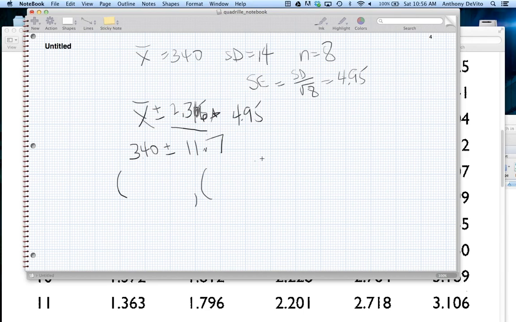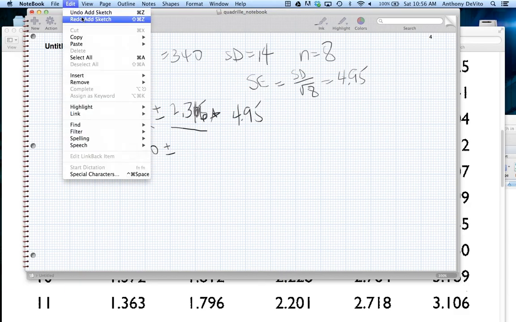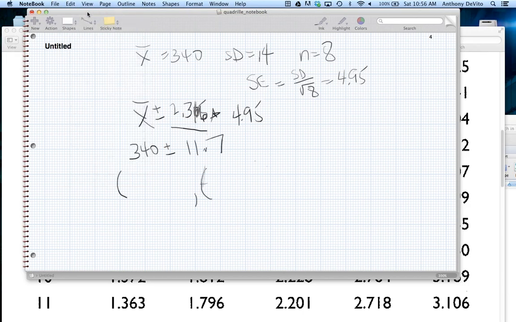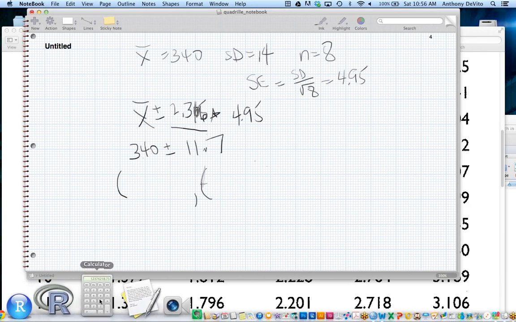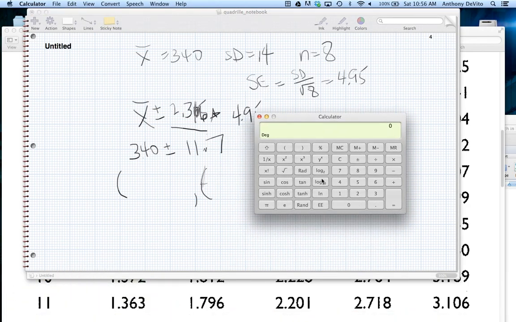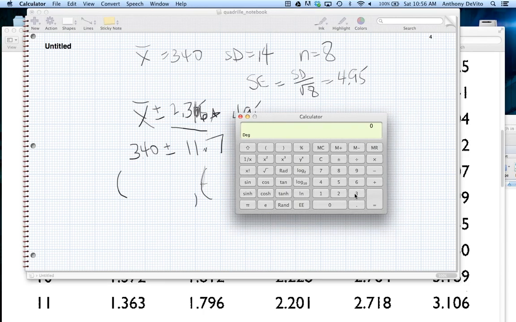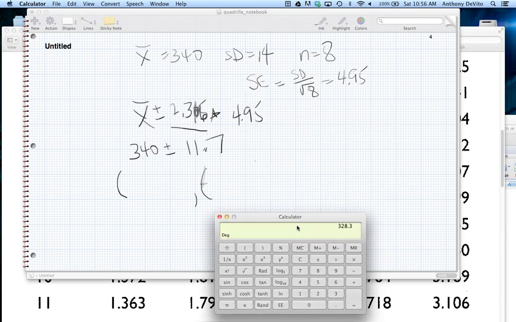So at the lower end, oops, I want to keep that. At the lower end, it's going to be 340 minus my margin of error, 11.7, which is equal to 328.3.